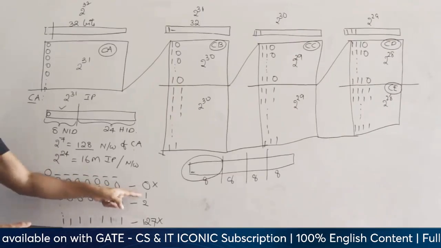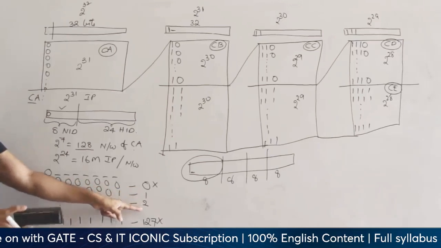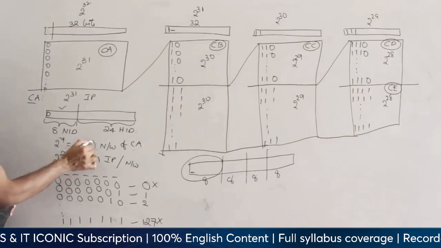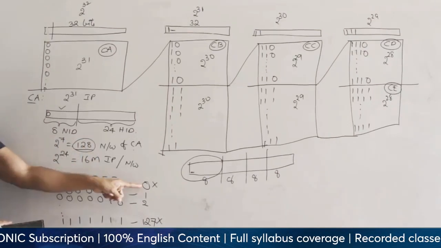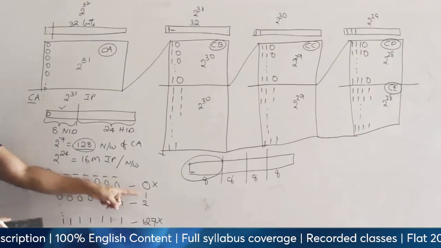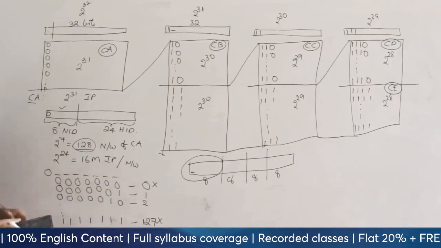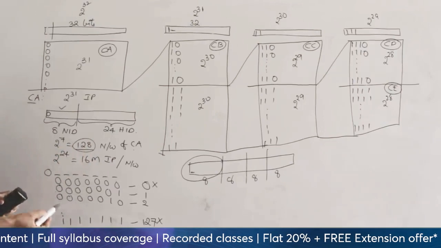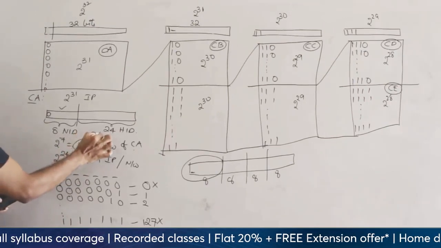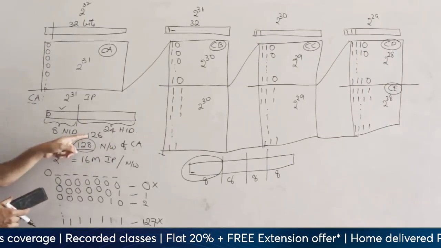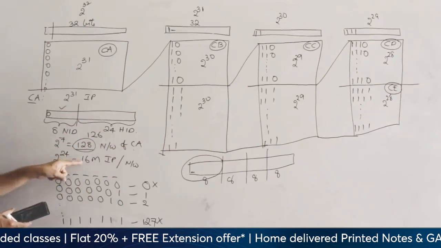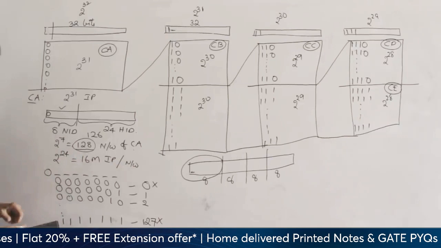Therefore practically the number of networks present in class A is 126. Even though we got 128, we are not going to use 0 as a valid class A network, and 127 as a valid class A network. Therefore even though we have 128 as the theoretical number, the practical number is 126. So practically 126 networks of class A are present, and in each network we have 16 million IP addresses, right?